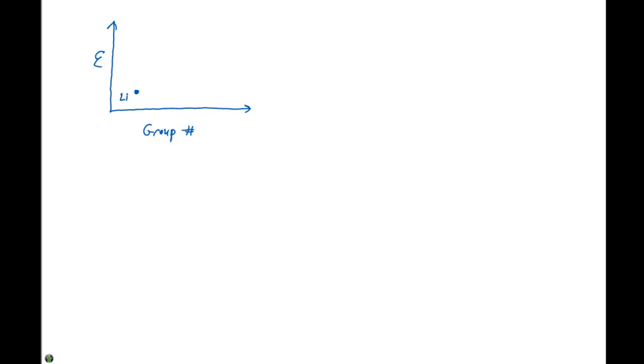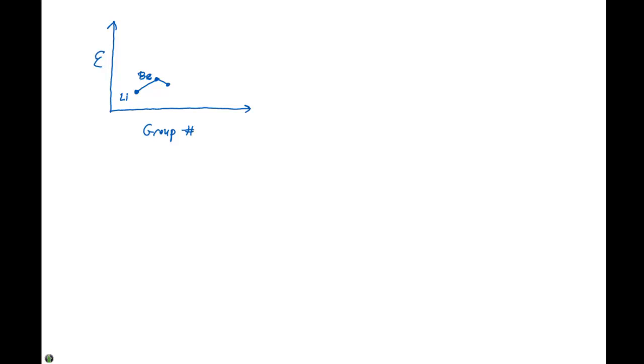Lithium has a fairly low ionization energy. When we go from lithium to beryllium, as the trend suggests, the ionization energy is going to increase.